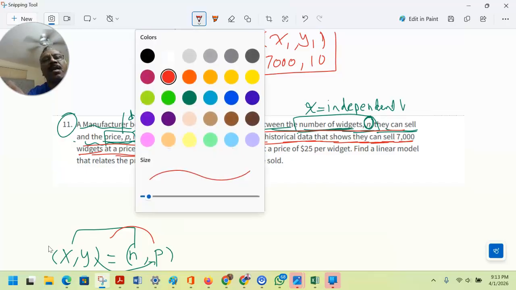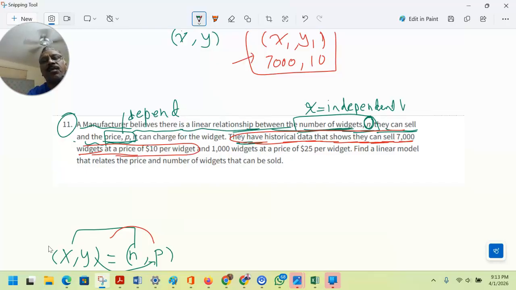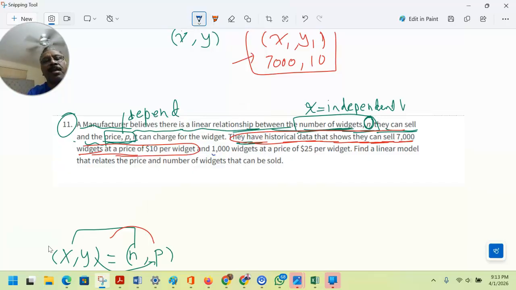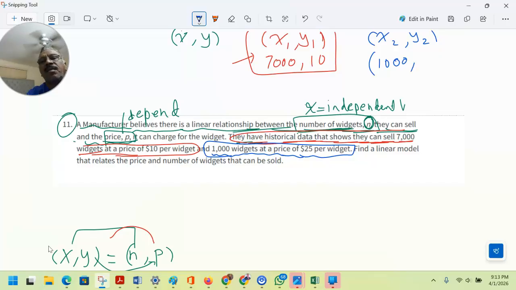Now I'll use blue color to show the next one: 1,000 widgets at a price of this. So what does this basically mean? It's like x2, y2. It means if you sell 1,000 widgets, then the price will be $25.